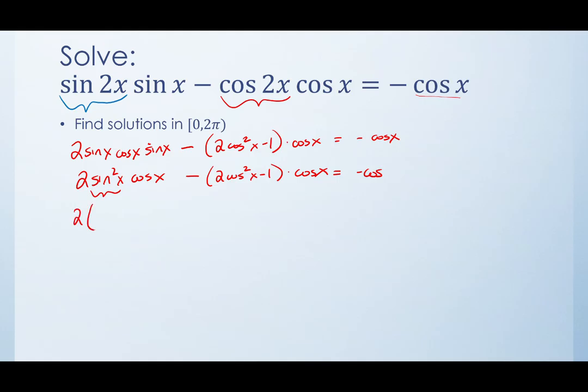So these were double angle identities, 2 of them. And now we're going to use the Pythagorean identity: cosine squared plus sine squared equals 1. So sine squared will be 1 minus cosine squared.